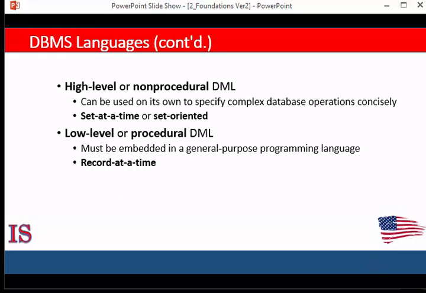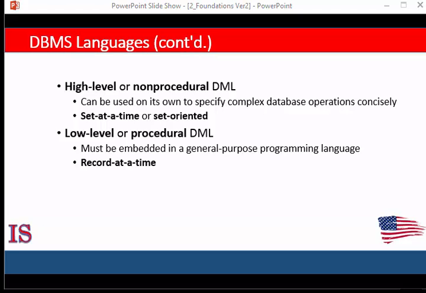There are two main types of data manipulation languages. A high-level or non-procedural data manipulation language can be used on its own to specify complex database operations concisely.